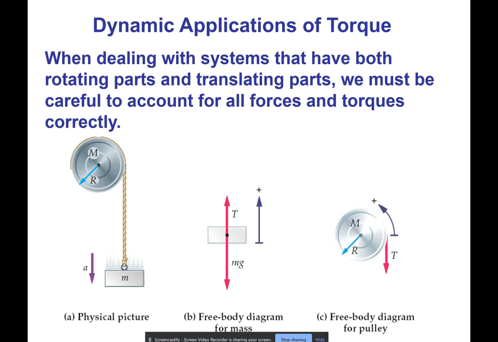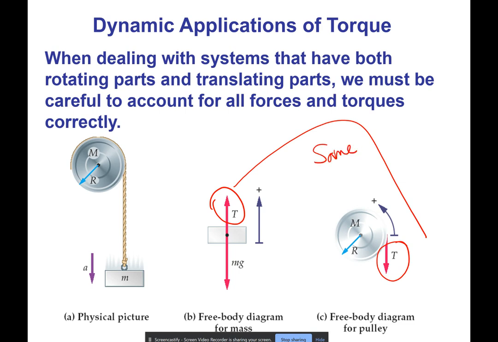Force of gravity is more because it is moving in the downward direction, and it's not moving as fast as it can because torque is counteracting. Now, if you're doing the free body diagram of the pulley, you just have the tension going down. Remember, this tension and this tension are the same because it's the same rope.